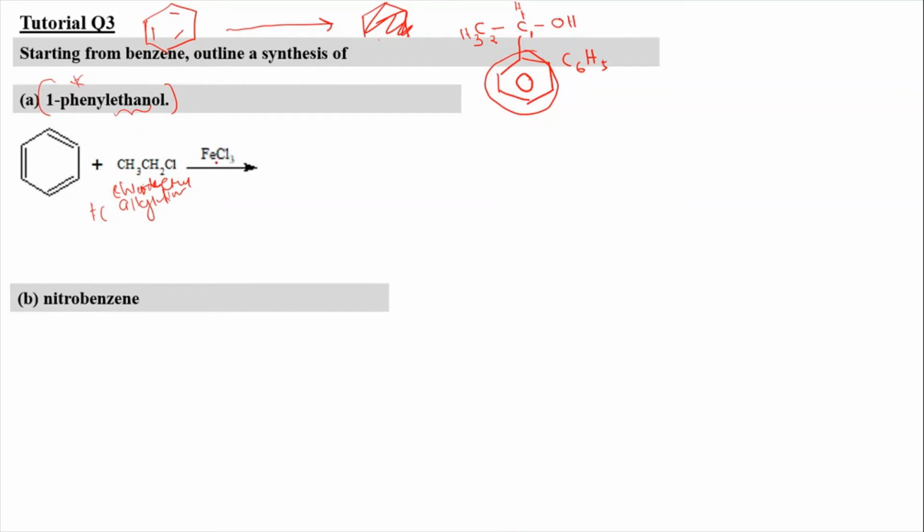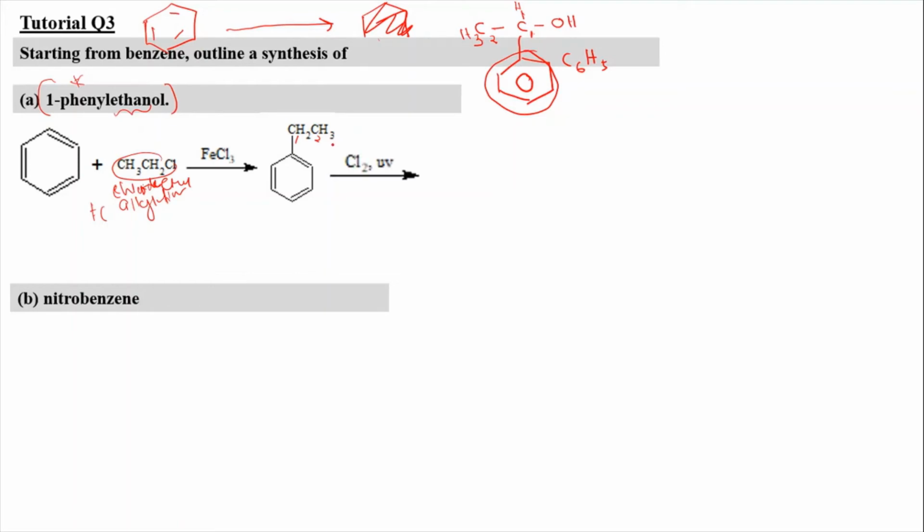So it will undergo Friedel-Crafts alkylation in order to produce CH3 here. The reason we do that is so that we will have the same number of carbons here. So it needs 2, 1 and 2. So I'm going to attach it with 1 and 2 here.